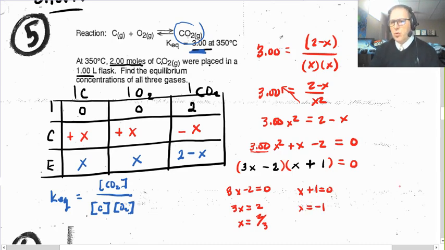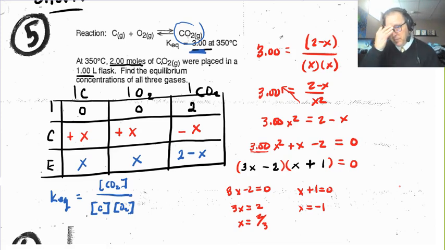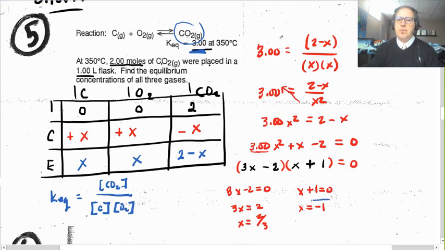Okay, so when we use the quadratic formula, or when we factor a quadratic, you're going to end up sometimes with two answers, but you have to look carefully at both answers because usually one of them is not going to be able to be counted. And so if you look at this negative 1, for example, is it possible that we could have negative 1 moles per liter of carbon and oxygen?